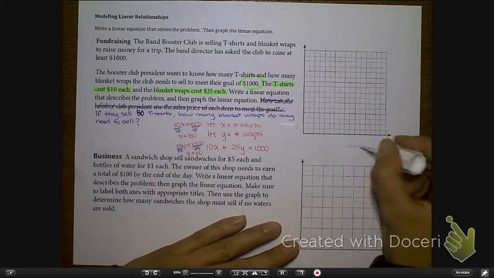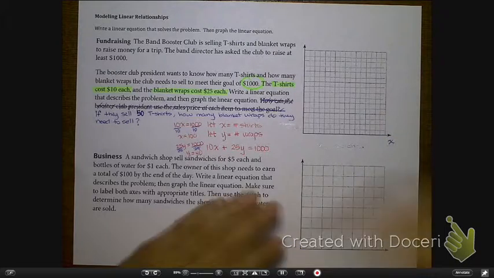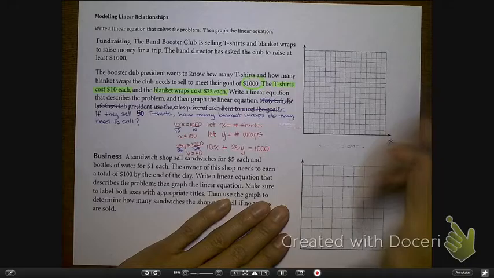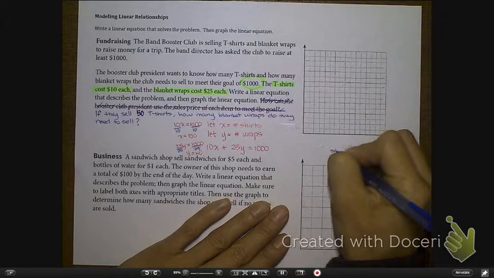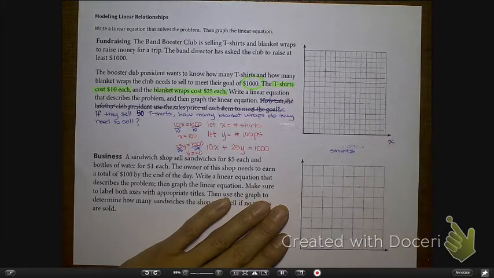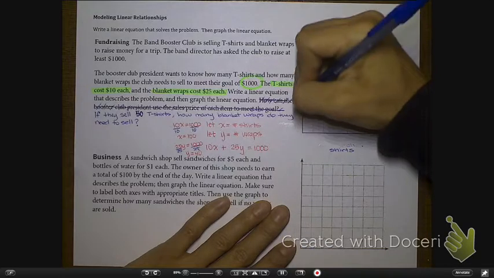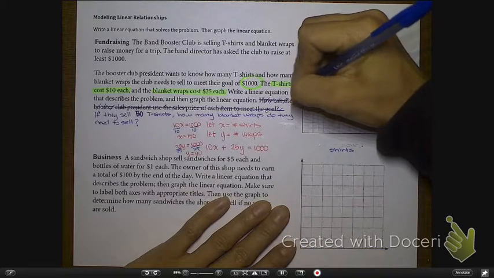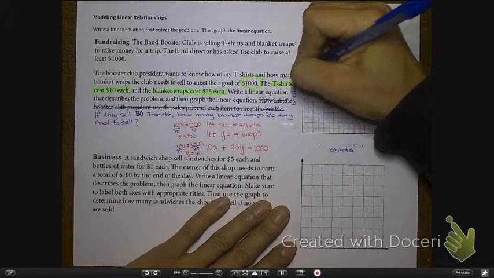Sandwiches. Okay. All right. So X is representing the number of shirts. Okay. And what is our y-axis here representing? Blanket wraps. Yeah, not sandwiches.